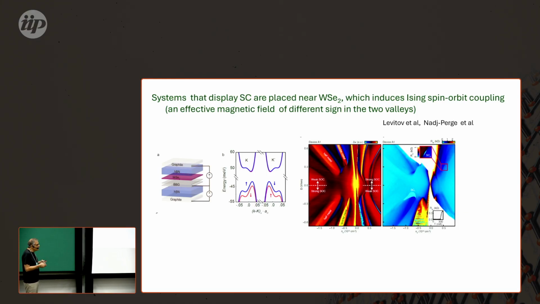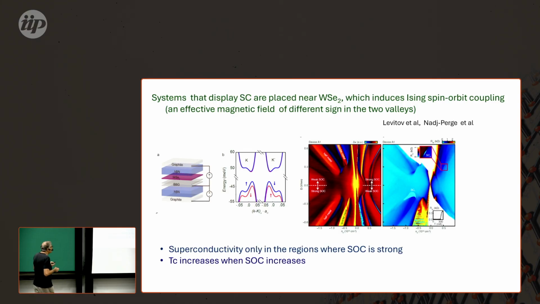And superconductivity is seen only in the range when spin-orbit coupling is substantial. And there was a statement that Tc increases when spin-orbit coupling increases, which led this experimental group by Andrea Young, which also involves Nadj-Perge, to suggest that superconductivity may be induced by spin-orbit coupling. Jason Alicea and other people from Caltech are on this paper.